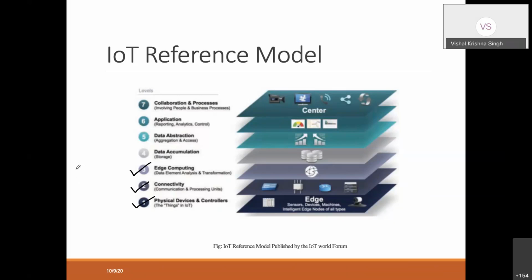The primary goal of this edge computing layer is data reduction and converting the network data flows and information, whatever data has been received, so that it is processed in such a way that it is ready for storage and ready for processing for all the layers above this layer.